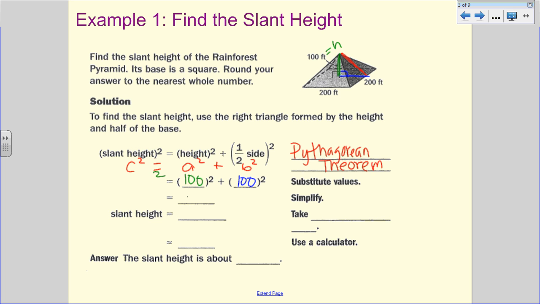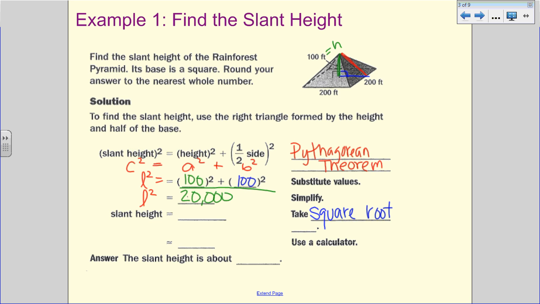I guess I'll keep this red because I labeled the slant height. And that's our L. We're finding L for the slant height. So we're going to have L squared equals 100 squared plus 100 squared, which is 20,000. Okay, you can type this all into your calculator. You then need to remember to take the square root. And you can use your calculator.